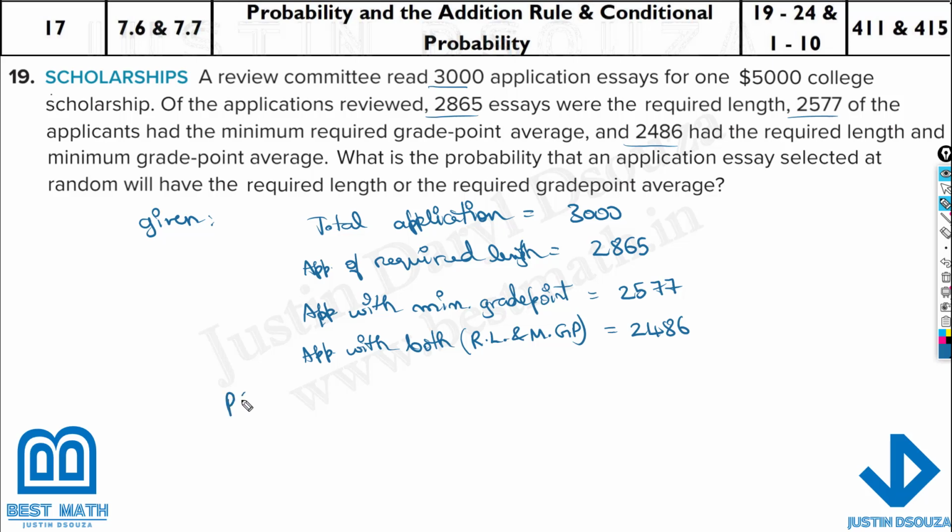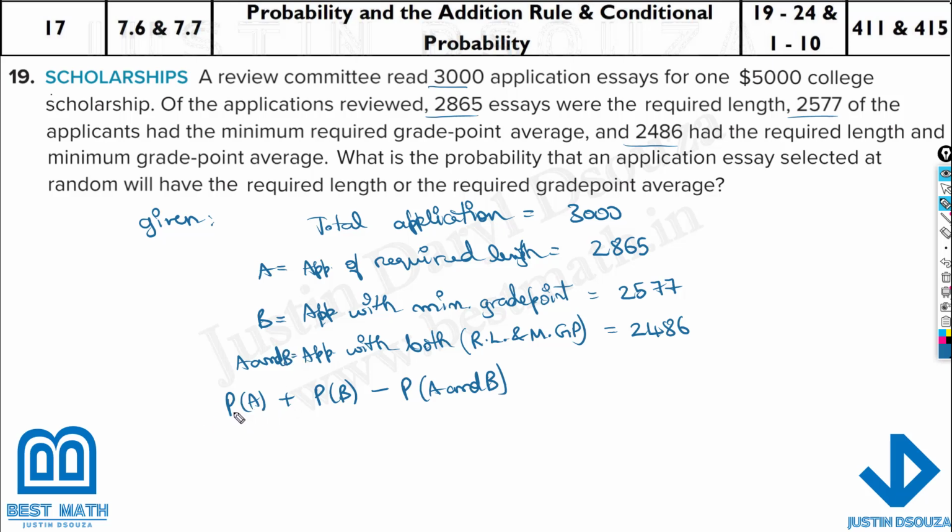That would be probability of A plus probability of B minus probability of A and B. So here you can write this as A, B, A and B.